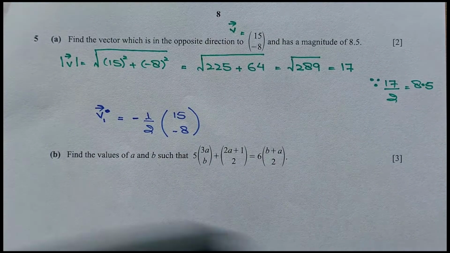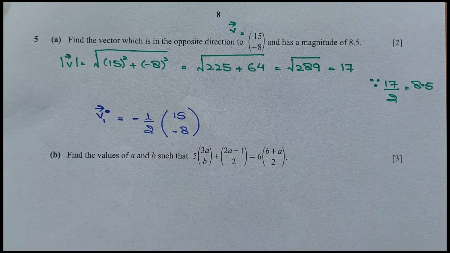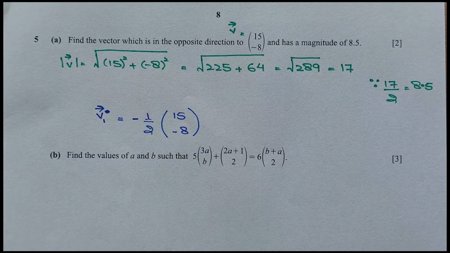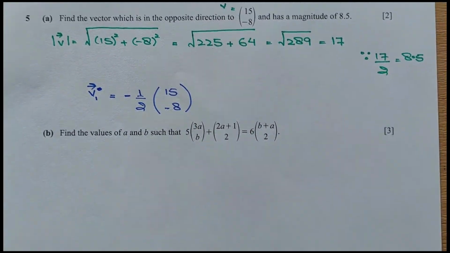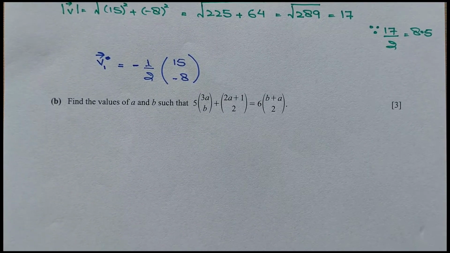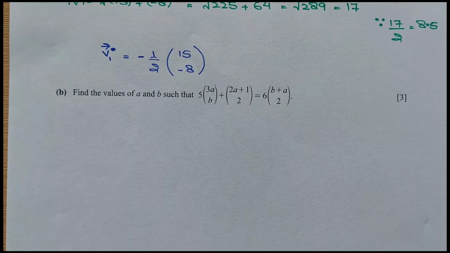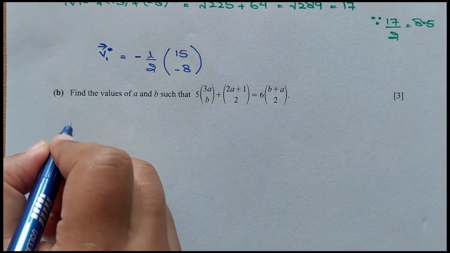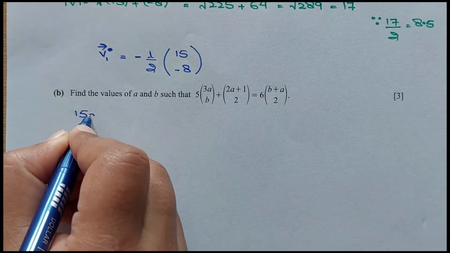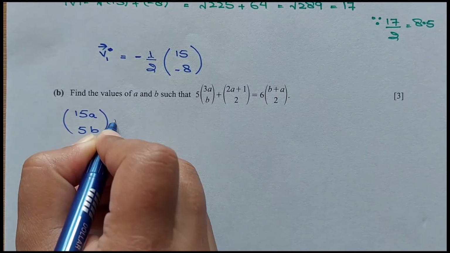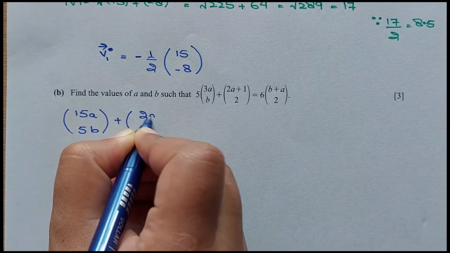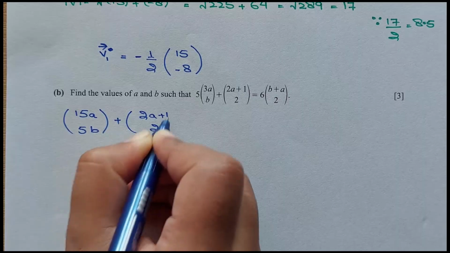Now for the b part, find the values of a and b such that, okay, so just simplify. First let me multiply 5 with the vector inside. So 5 times 3 is 15a, 5b, plus (2a plus 1, and 2).